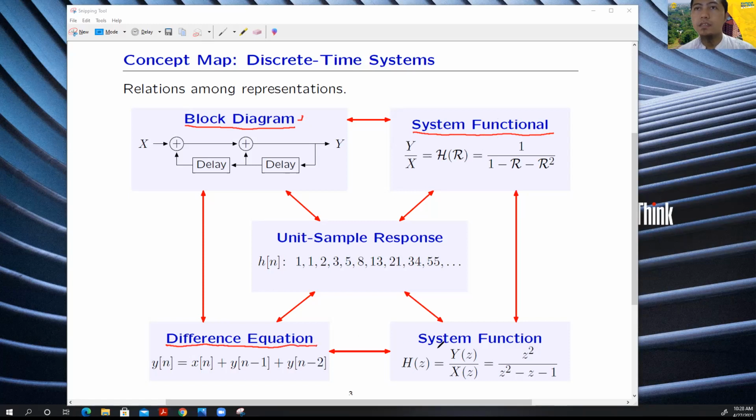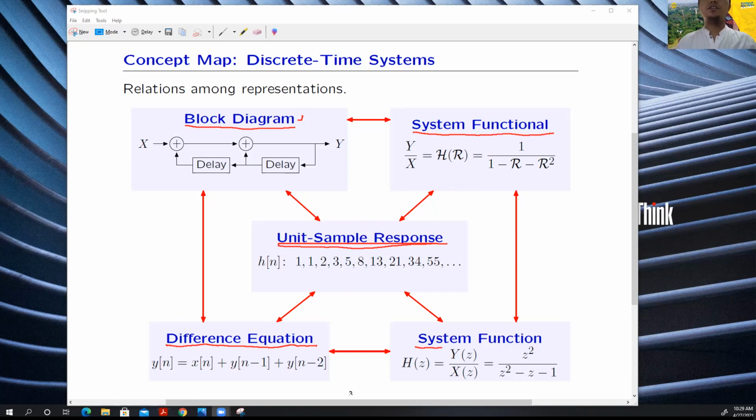And this is the system function in the Z transform. And all of the representations can be written using the unit sample response.